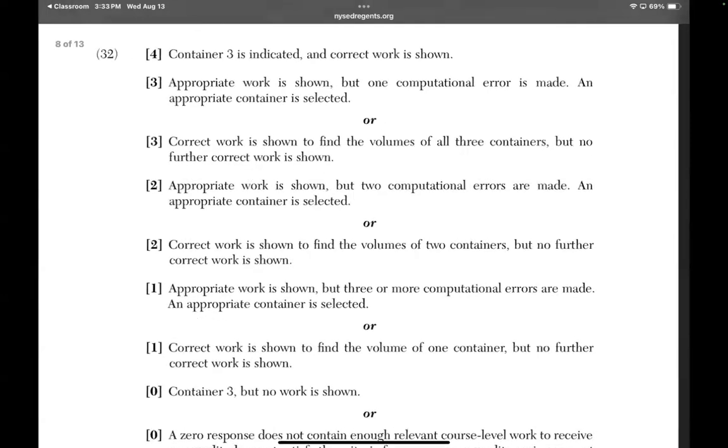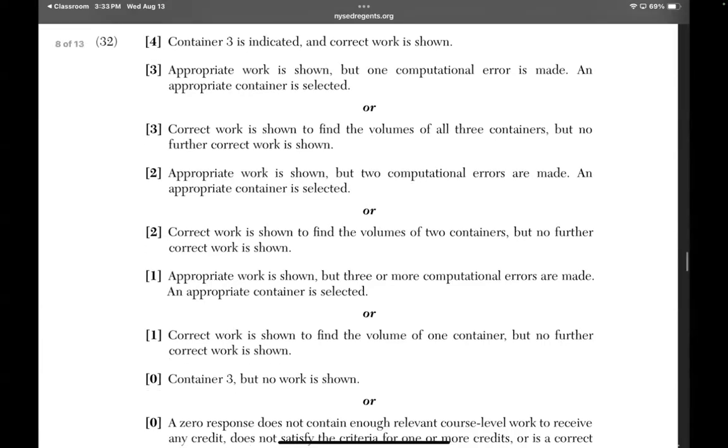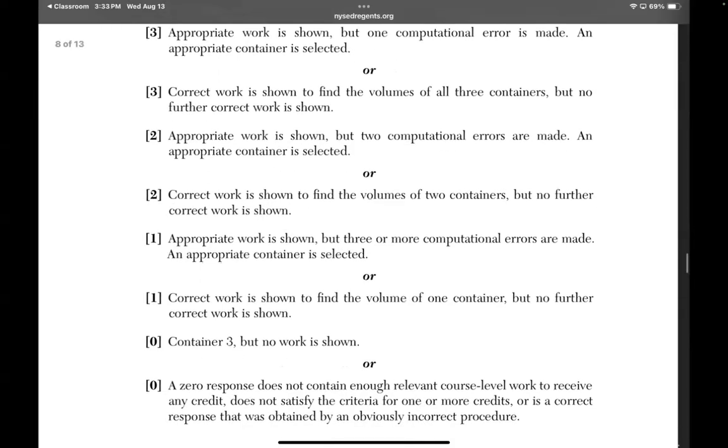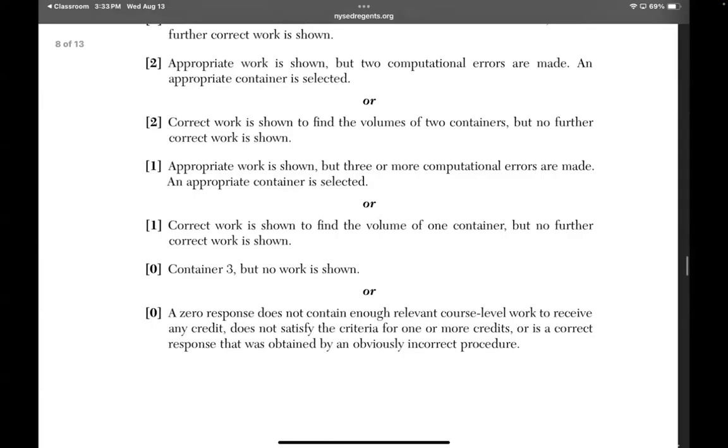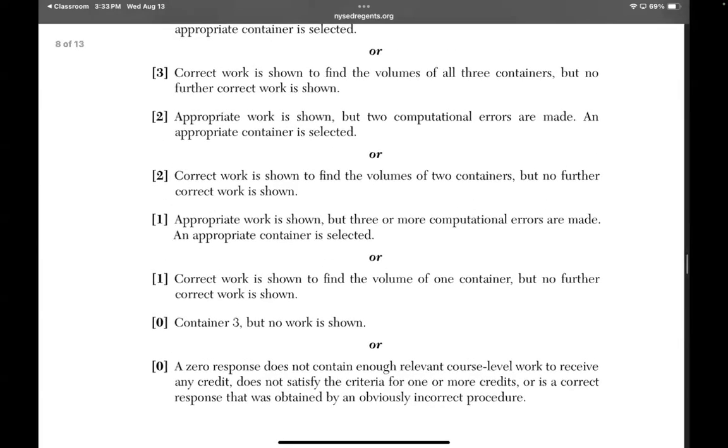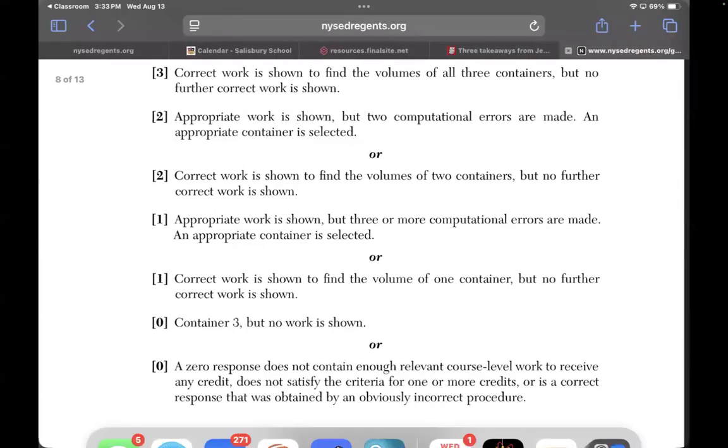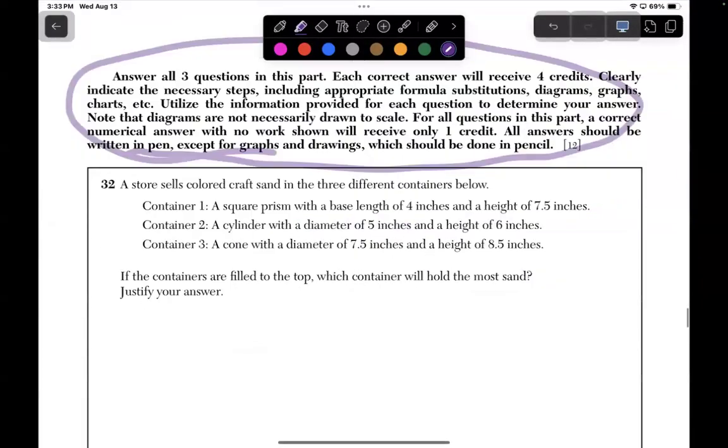So if you say that container 3 is correct, or if you find the volume of all 3 containers, but no further work is shown, you get 3 points. You get 2 containers, you get 2 points. So again, it's just a matter of showing some work and getting some partial credit.